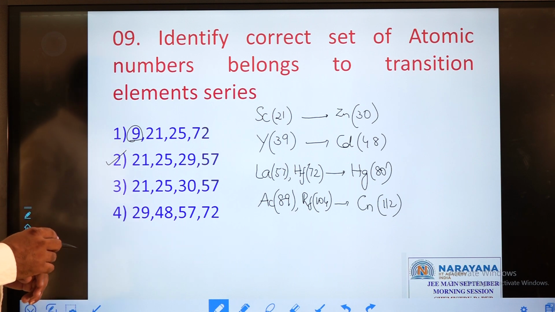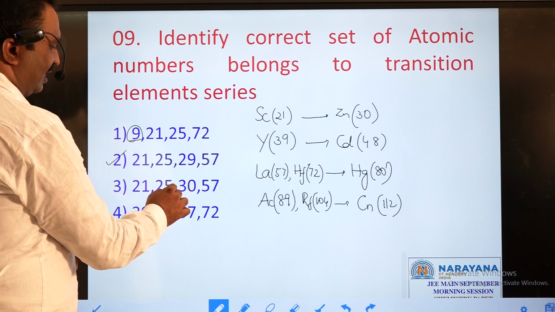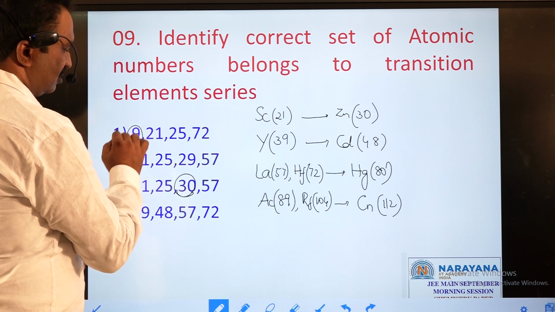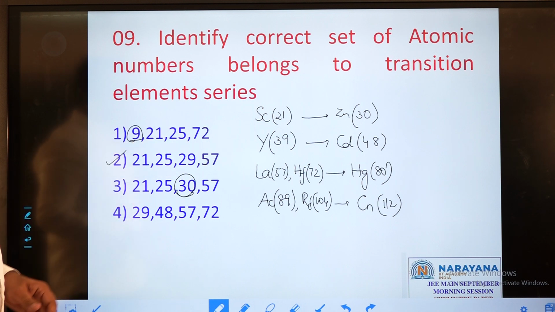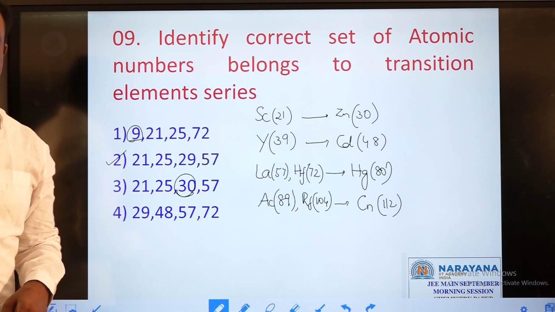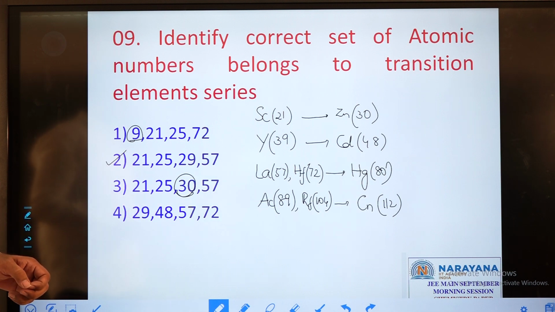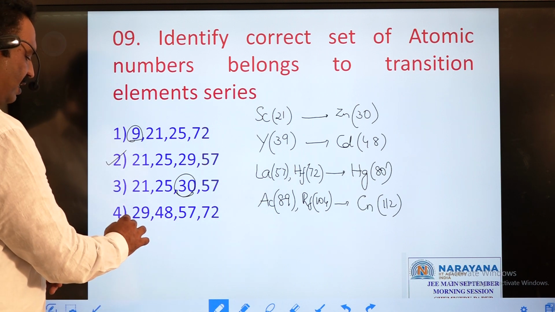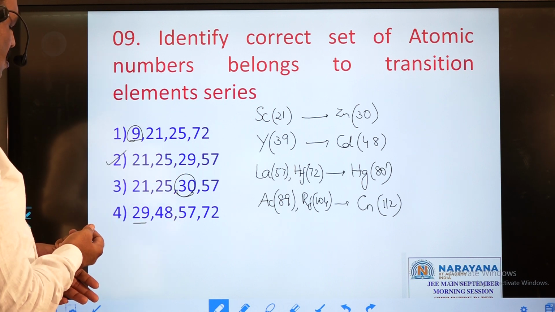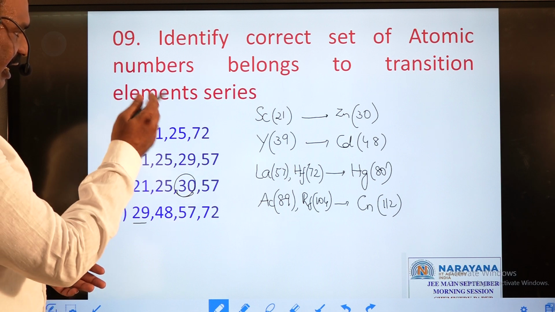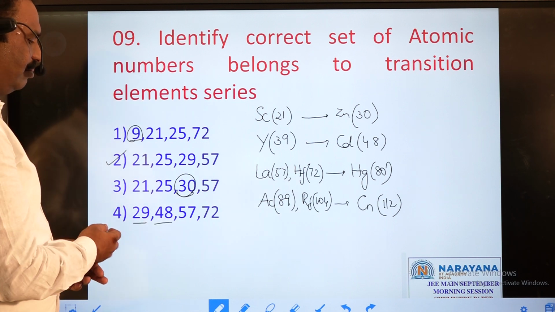Next let me go for another one: 21, 25, 30. See, in this case, 30 is zinc, cadmium, mercury; these are non-typical transition elements. And the next one, 29, falls within, and 48 cadmium.